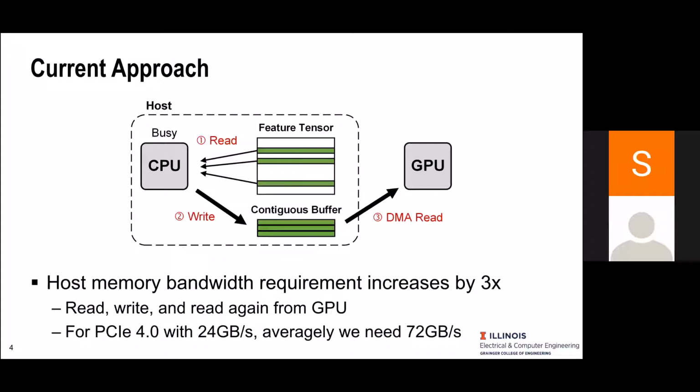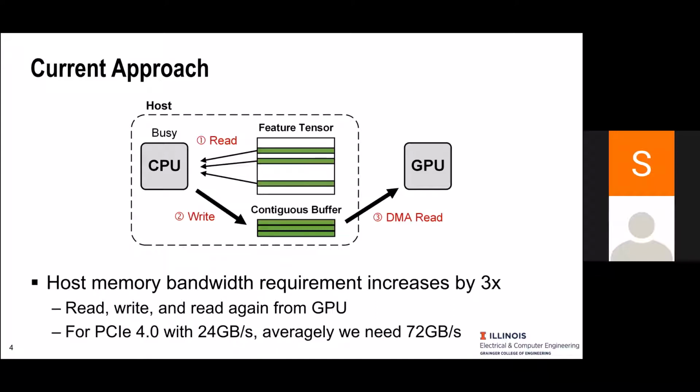What this means is, if you want to fully utilize the PCIe bandwidth between CPU and GPU, in the case of PCIe Gen 4 the practical bandwidth is about 24 gigabytes per second. Because the data access needs to be done 3 times, on average we need to sustain 72 gigabytes per second of host memory bandwidth to keep the PCIe bandwidth at 24 gigabytes per second.